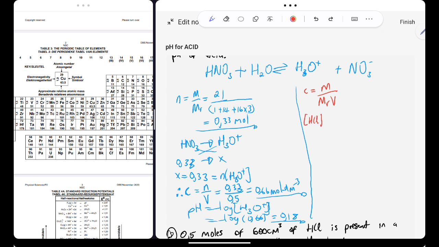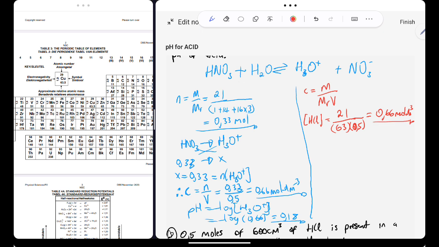The mass is 21, I have 63, and the volume is 0.5. So for the concentration, I'll say 21 divided by 63 multiplied by 0.5. I'll also get 0.66 moles per cubic decimeter.